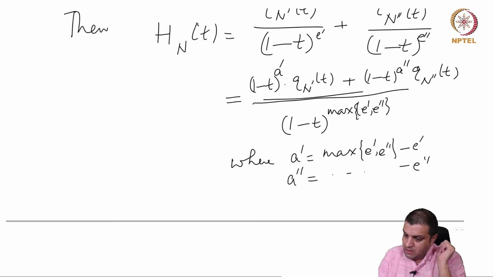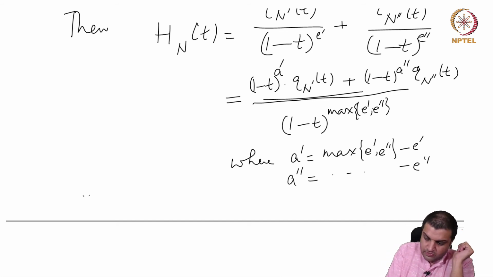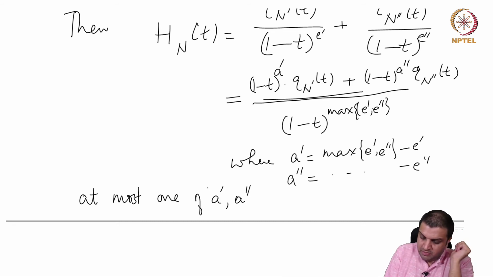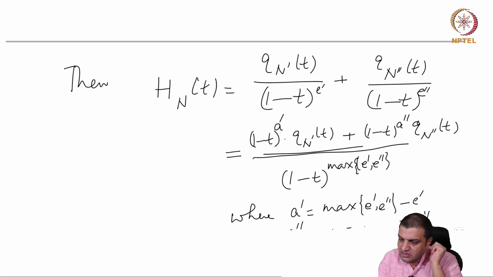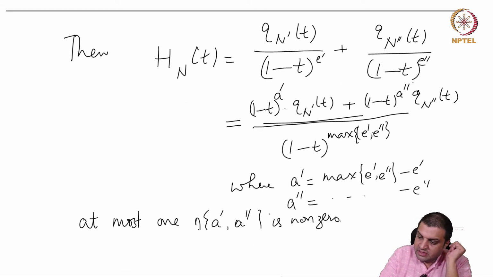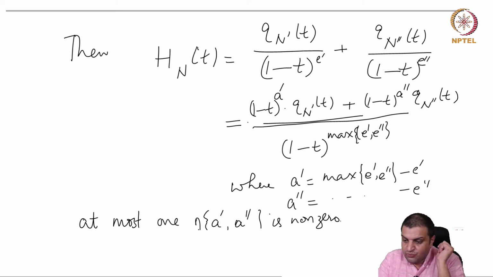So note that at most one of a prime, a double prime is non-zero, because we are adjusting this to get to the max, so only one has to be adjusted. So at most one of them is non-zero. So therefore we can rewrite; this is the potential candidate for Qn, and this is the candidate for dimension. So we'll keep this approach in mind.